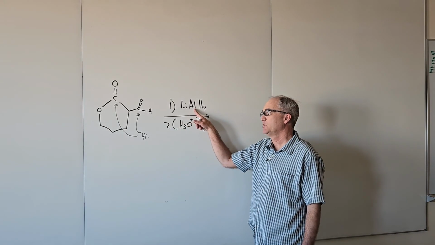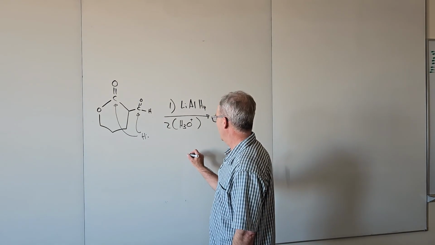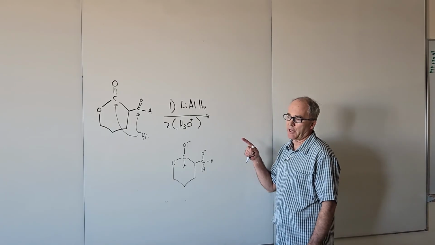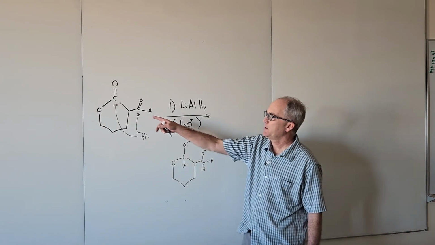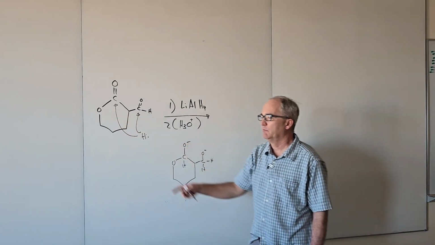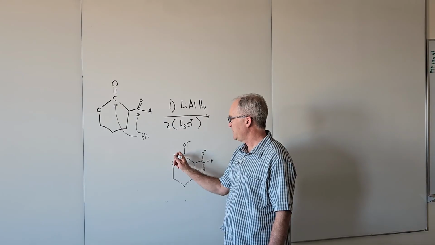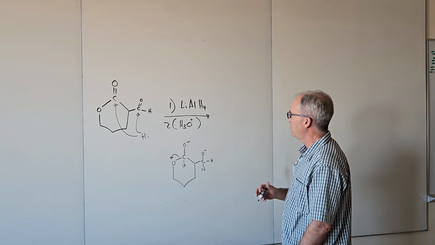Lithium aluminum hydride reduces aldehydes and ketones. Let me just draw the intermediate. Here's what we saw in the mechanism. We also looked at the Grignard reagent attacking a carbonyl carbon, and when it attacked an ester, I said I didn't like the type of leaving group because a strong leaving group would go away.